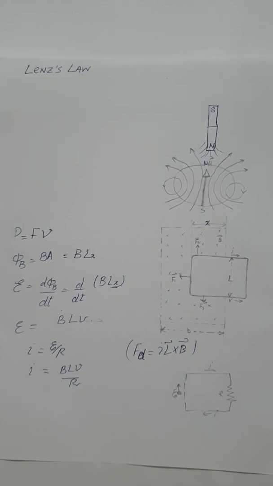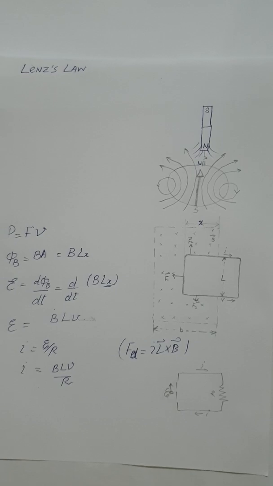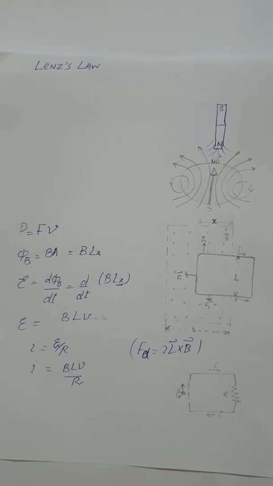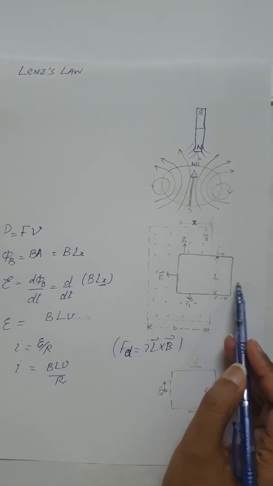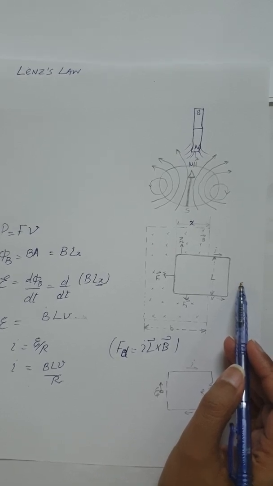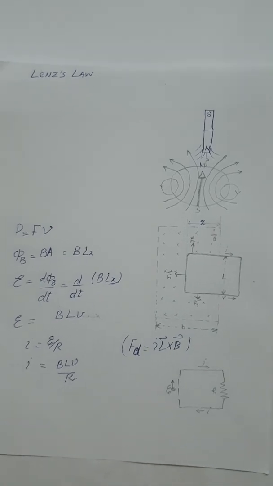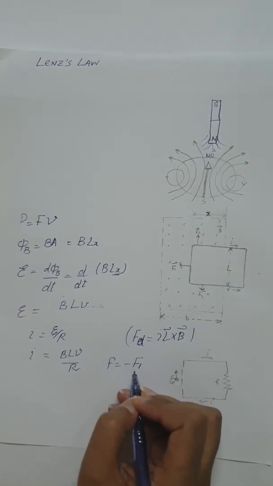So from the symmetry, the forces F2 and F3 are equal in magnitude and cancel. This leaves only F1, which is directed opposite to the force F which we apply on the loop, and this is the force opposing our pull. So F becomes equal to minus F1.